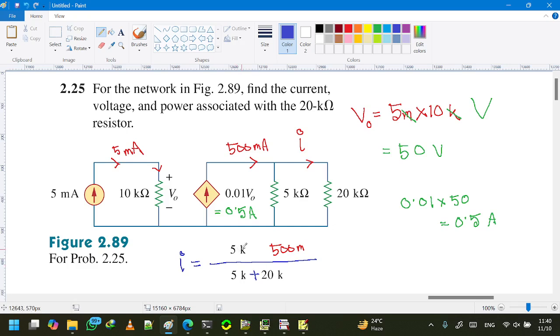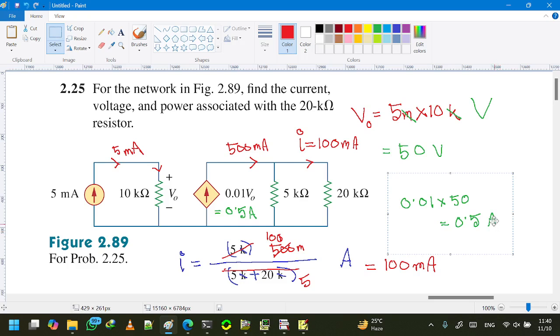So this part is 25 and this part is 5, so we can cross these two out, and I can write it as 5. 500 divided by 5 gives us 100, and milli is still there. So I is 100 milliampere.